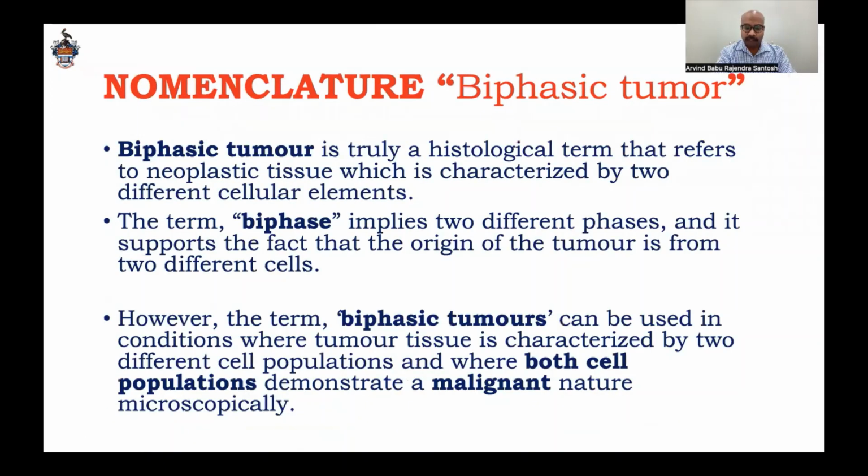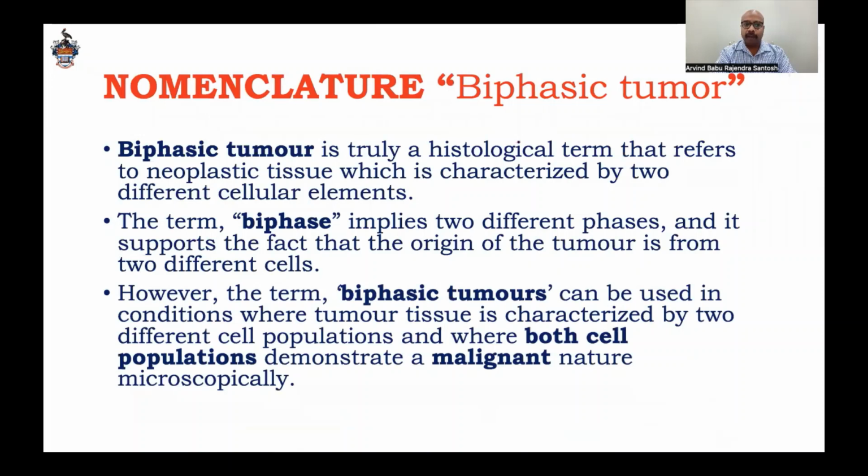So let me begin with the introduction by looking at the nomenclature. Biphasic tumor is a truly histological term that refers to neoplastic tissue, which is characterized by two different cellular elements. The term biphasic tells us that there are two different phases, and it supports the fact that the origin of the tumor is from two different cells.